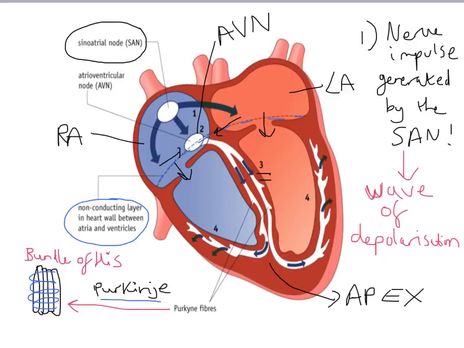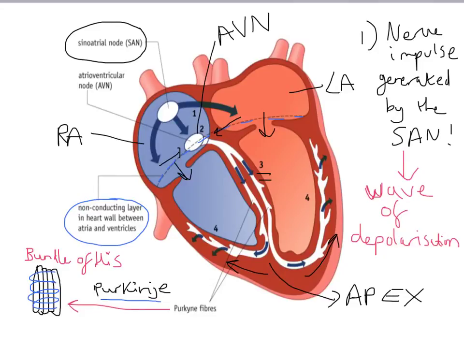So when the AVN generates its impulse and it travels down the septum, we mean that it's travelling down those Purkinje fibres in that bundle of His to the apex of the heart. Then we have one final step, and that's shown by number 4. Once that electrical impulse reaches the base or the apex of the heart, it then travels up, as you can see by these arrows here, it travels up the walls of the ventricles.